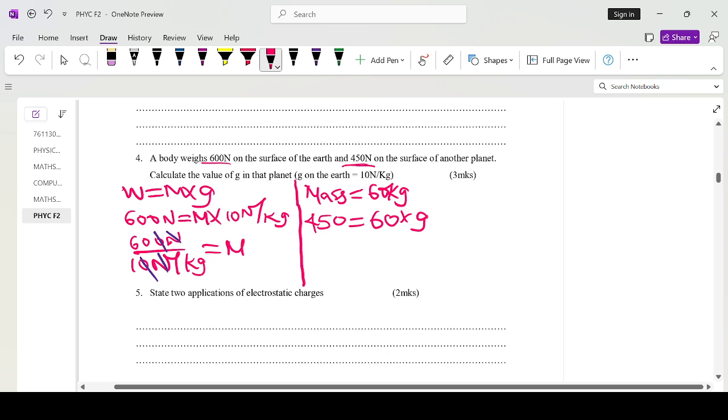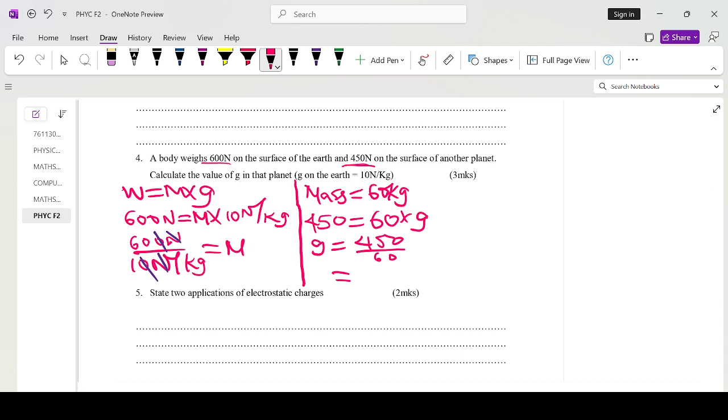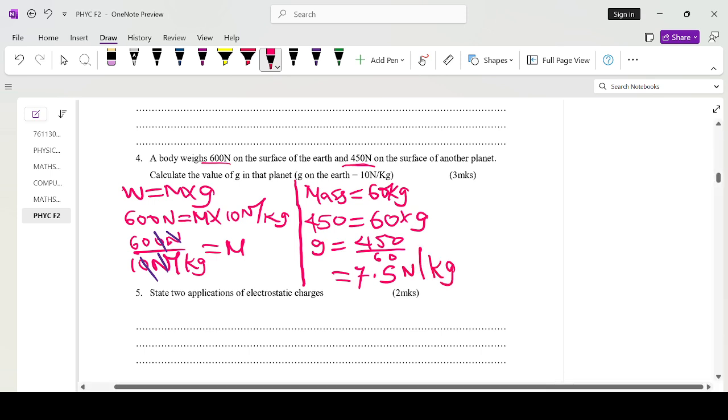Now I know that gravity is equal to 450 divided by 60. The force of gravity in that case is 7.5 newtons per kilogram.